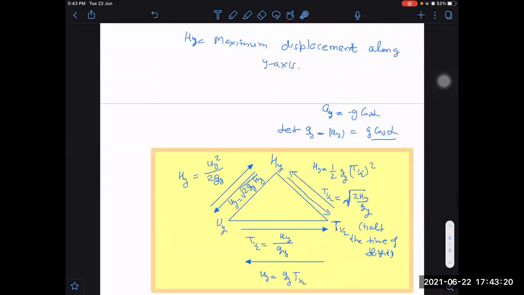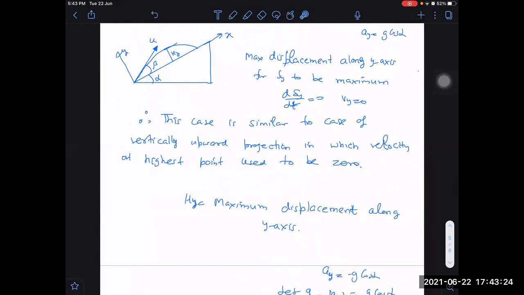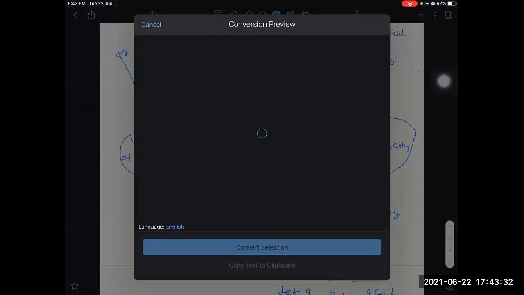First of all, when I started this, I said this case is similar. Let us focus on this part first, and I will be converting it into text.